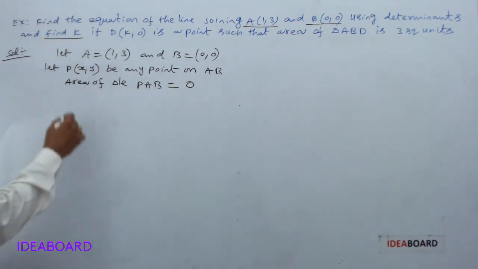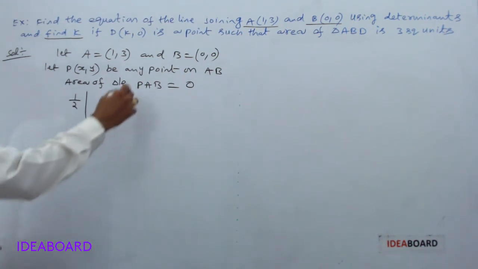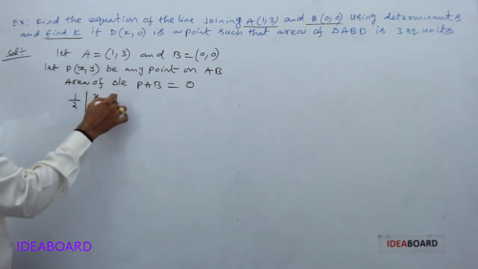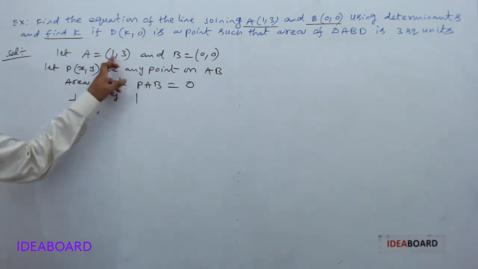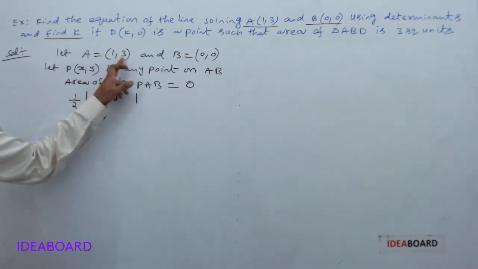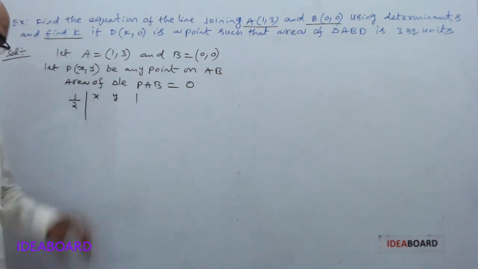Now the formula is half into determinant of the point P equal to x, y, 1. Next we have to take point A. Point A is 1, 3, so here we take 1, 3, 1.